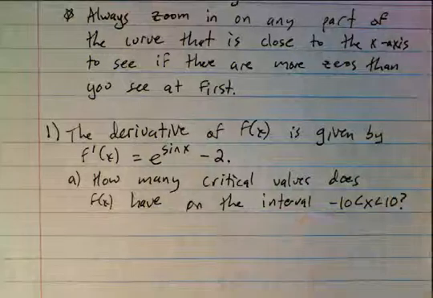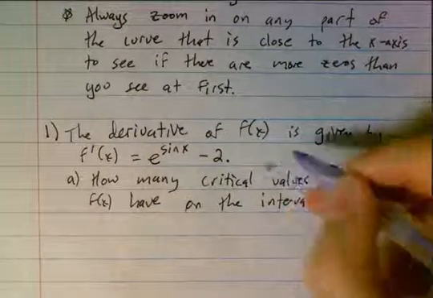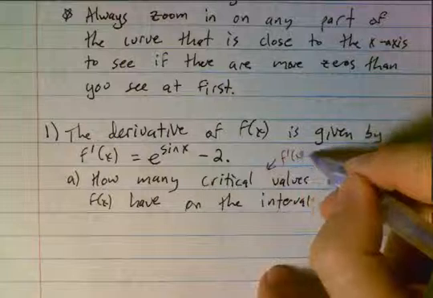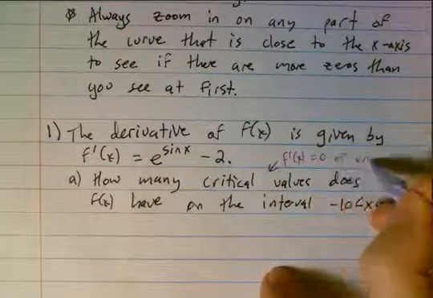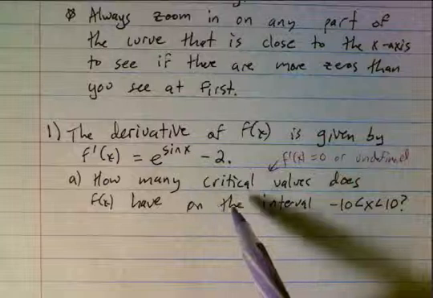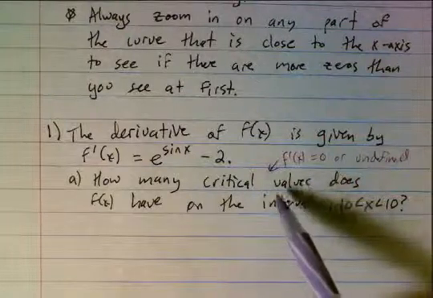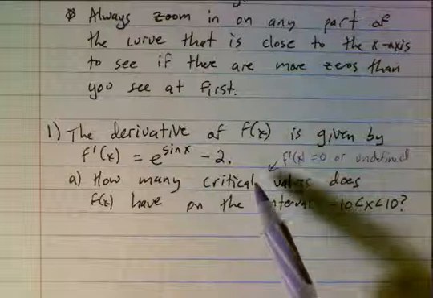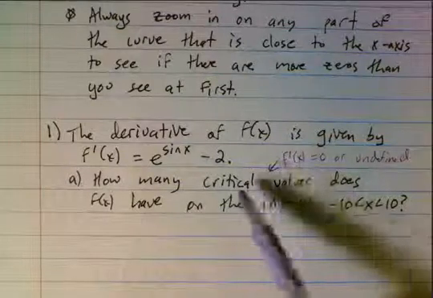Couple of key things to notice about this question. Critical values simply mean that f prime of x equals 0 or undefined. These are the potential maxima and minima. Basically, they're where we're going to look to see if there's a maximum or minimum, but we're not sure if there is. They have their own special name called critical values.